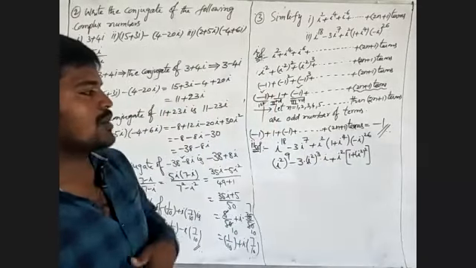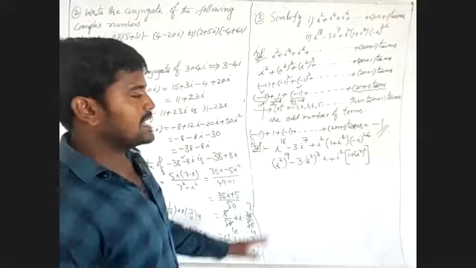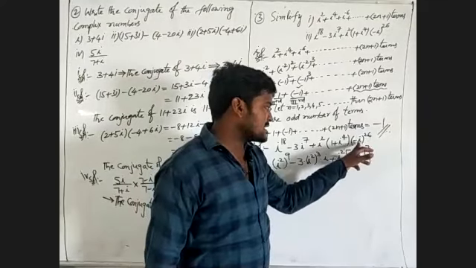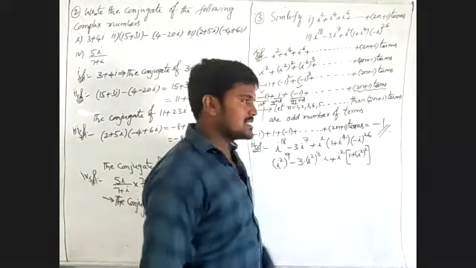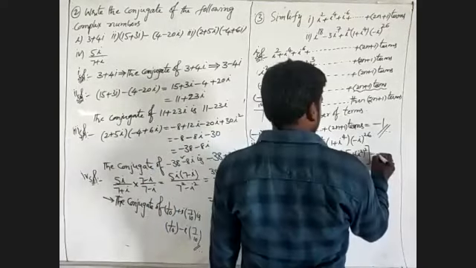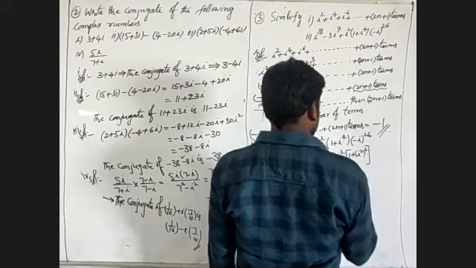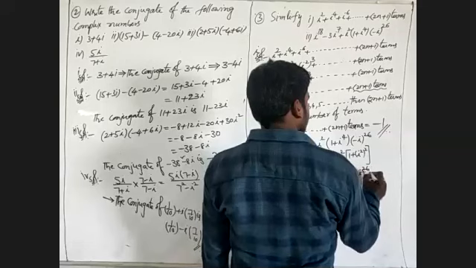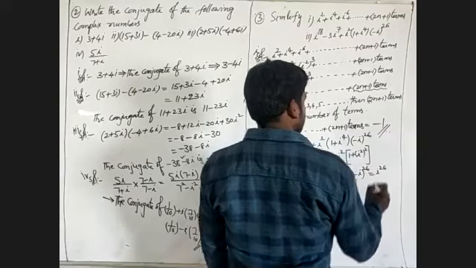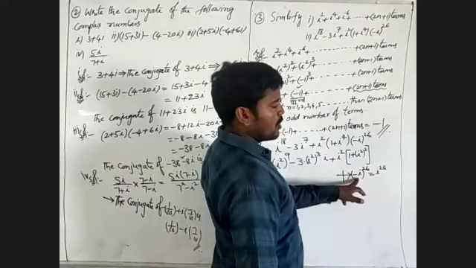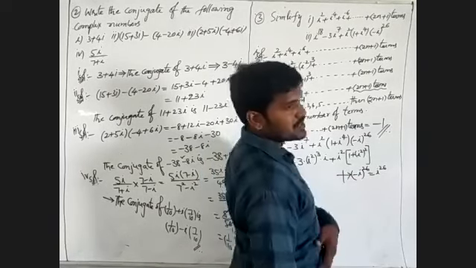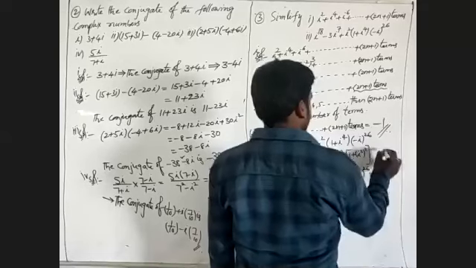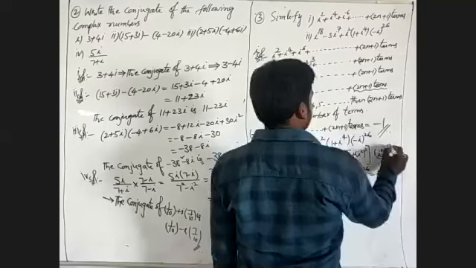The remaining term is minus i whole power 26. A negative number raised to an even power is always positive. So minus i whole power 26 becomes i power 26, which is written as i square whole power 13.